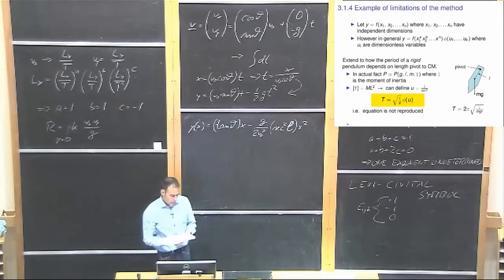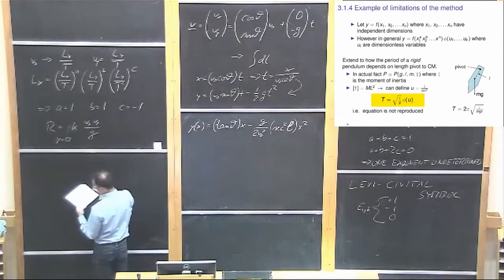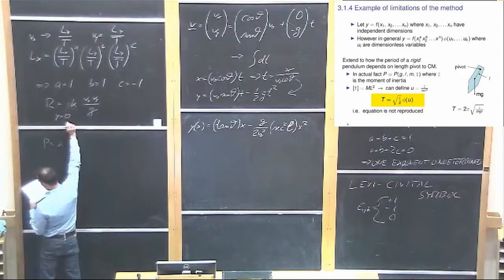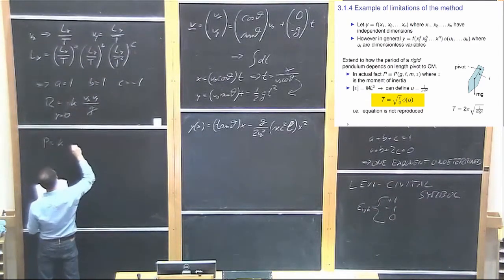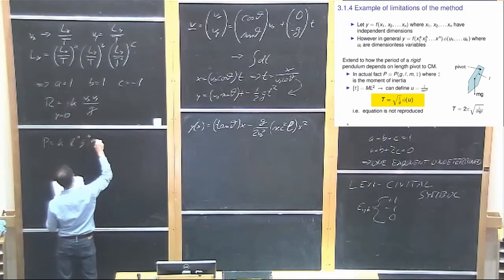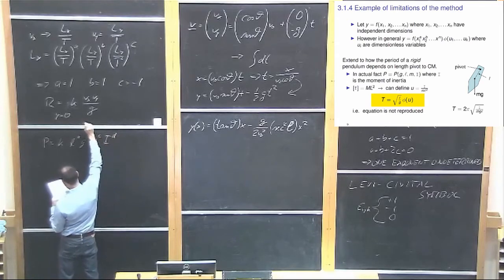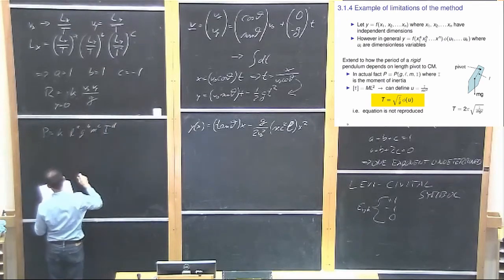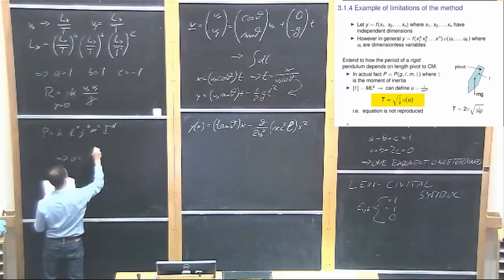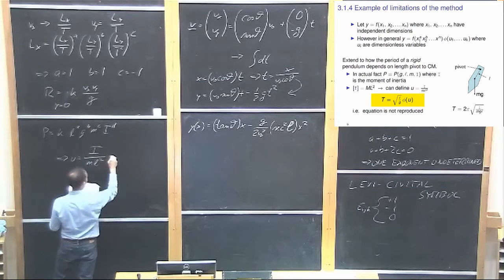And then we have a challenge, because if we would write down the period P equals K as before, L to the A, G to the B, M to the C, inertia to the D, we can define some kind of function u equals I over m l, and that's dimensionless.